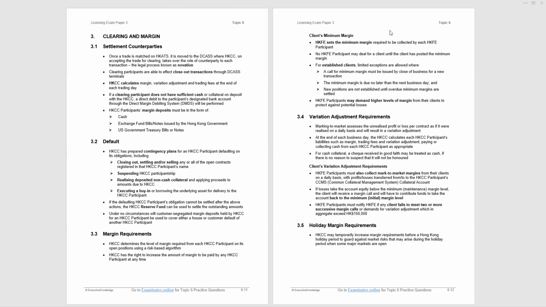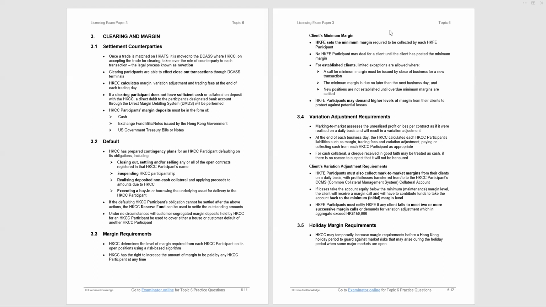If losses take the account equity below the minimum, that's the maintenance margin level, the client will receive a margin call and will have to contribute funds to take the account back to the minimum or initial margin level. The big picture is that when you enter into a futures trade, you will have to post initial margin, which is ultimately calculated by the futures exchange through your broker and the broker to the participant.